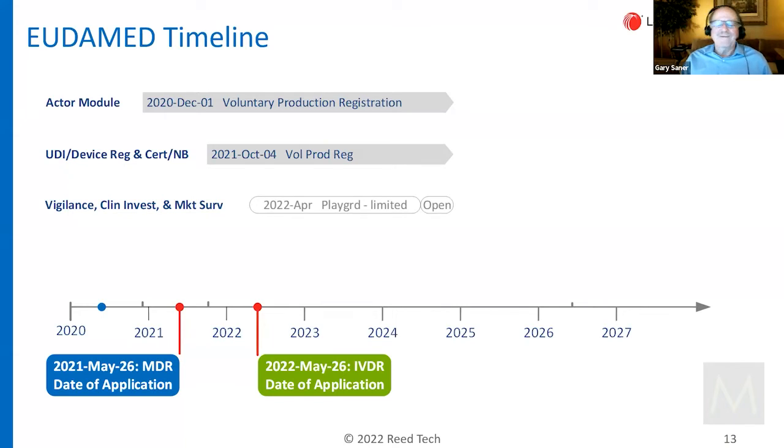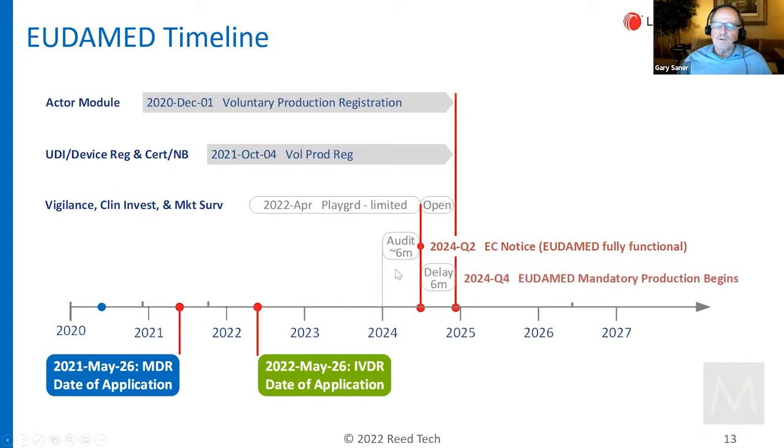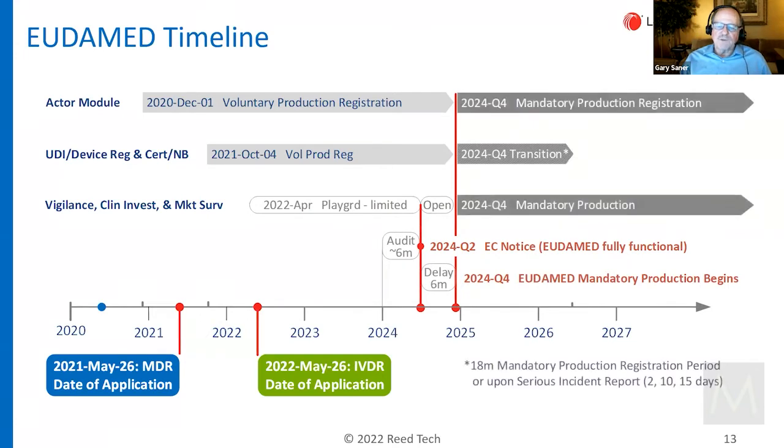So most recently, the European Commission again extended the date. There's something referred to as the European Commission notice that says the UDIMED is fully functional, and that's now targeted for probably the end of 2024, or excuse me, the second quarter. And then there is, by regulation, a 6-month delay, to let the dust settle. And then the mandatory use of this database becomes required across all 6 modules.